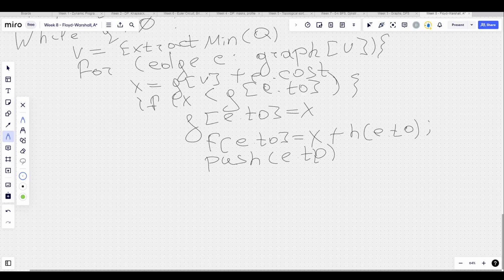And by the way, there's an optimization in the A star algorithm.